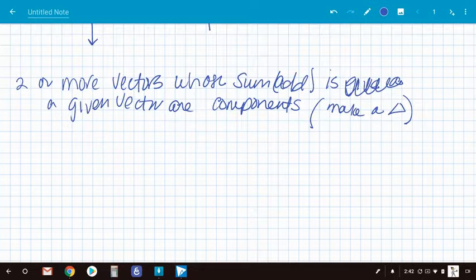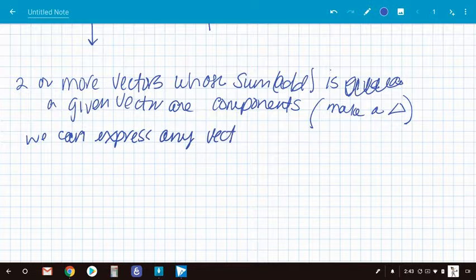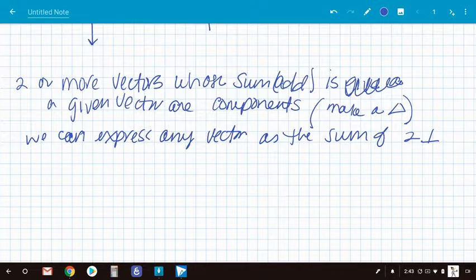So we can express any vector as the sum of two perpendicular vectors. And here's where we're going to make a triangle.